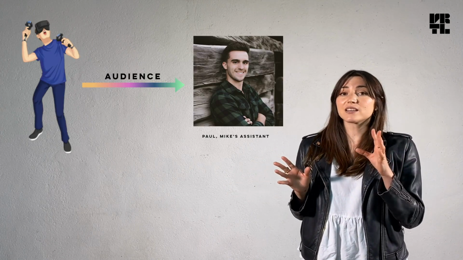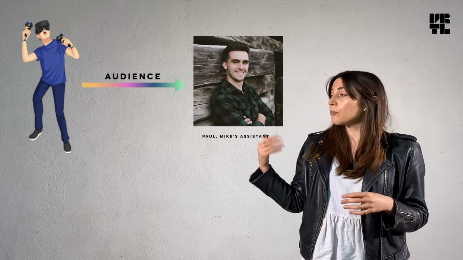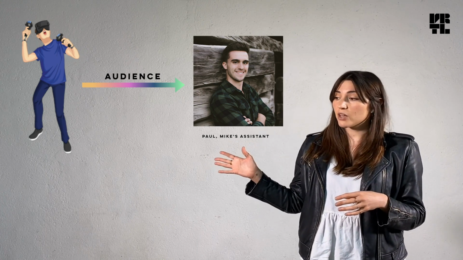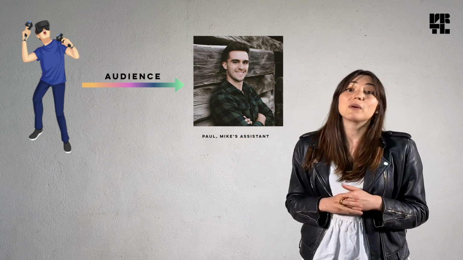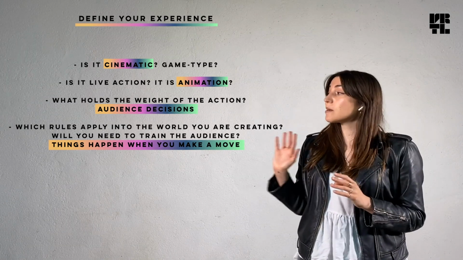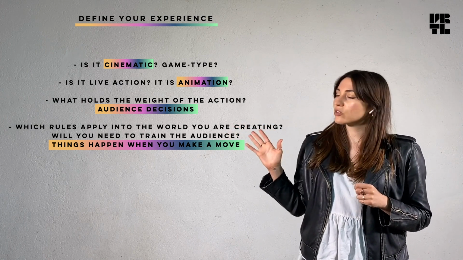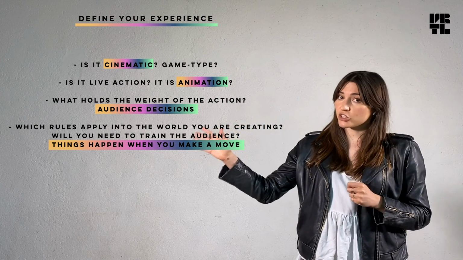But also, let's remember that I have decided that I want my audience to live the experience from Mike's assistant's point of view. Therefore, Paul is going to have no relevance as a character on his own because his role is going to be taken by the audience. Let's also remember that my story is cinematic versus a more game type of experience, and that it is going to be done in animation versus live action.